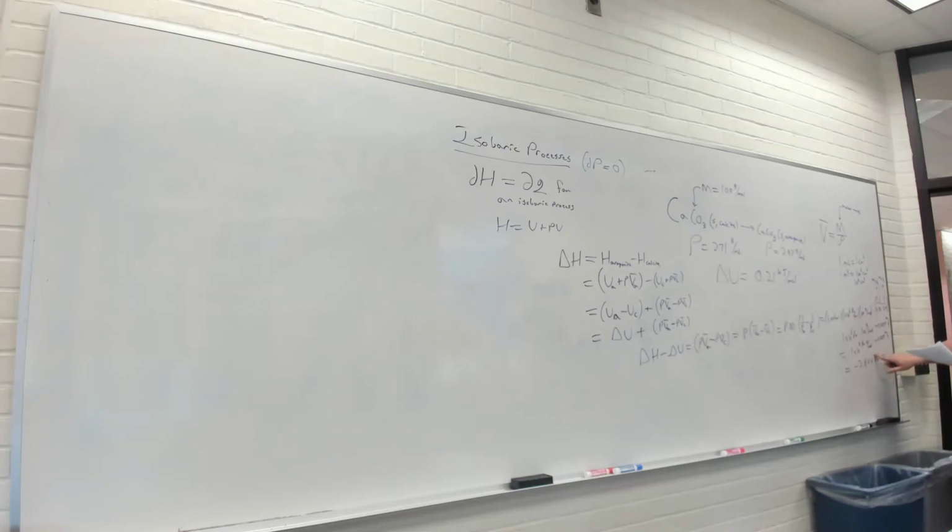Thank you. 10 to the 6, and then we have to divide by 10 to the 5 to get it in liters. So that's going to be minus 2.8 times 10 to the 1 joules. So that is equal to 28 joules.